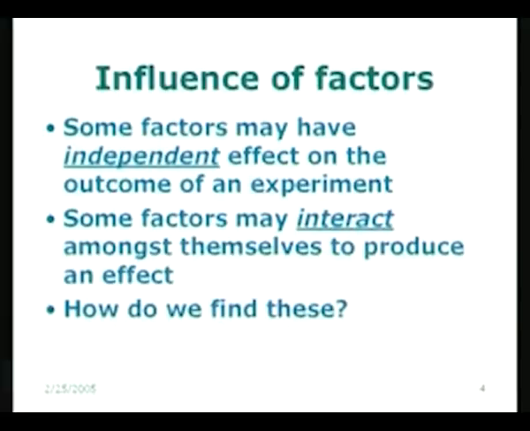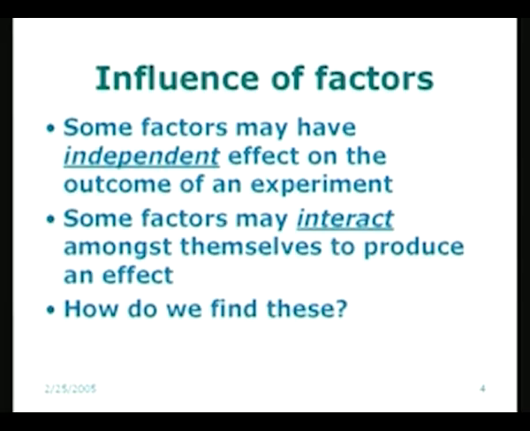In other words, we can think in terms of some independent factors. That means that the outcome of the experiment is directly dependent only on that effect. For example, if I were to conduct an experiment with different values of one factor while fixing the other factor at a fixed value, and the effect is independent of the factor which is fixed, then I should get the same values.